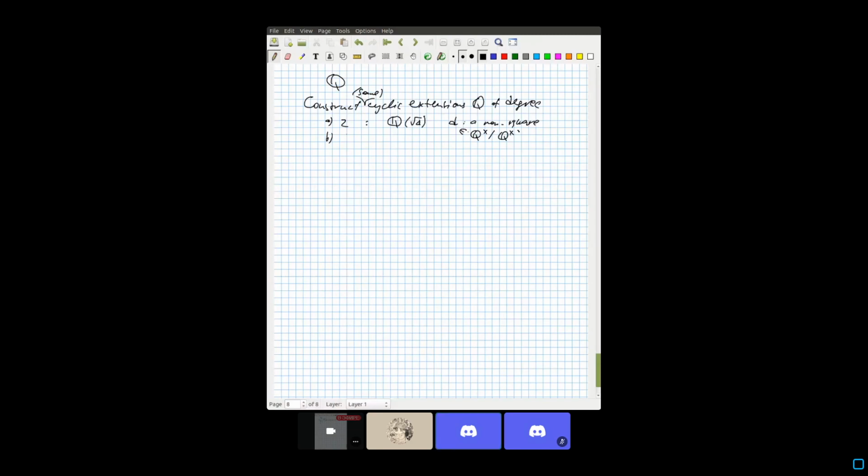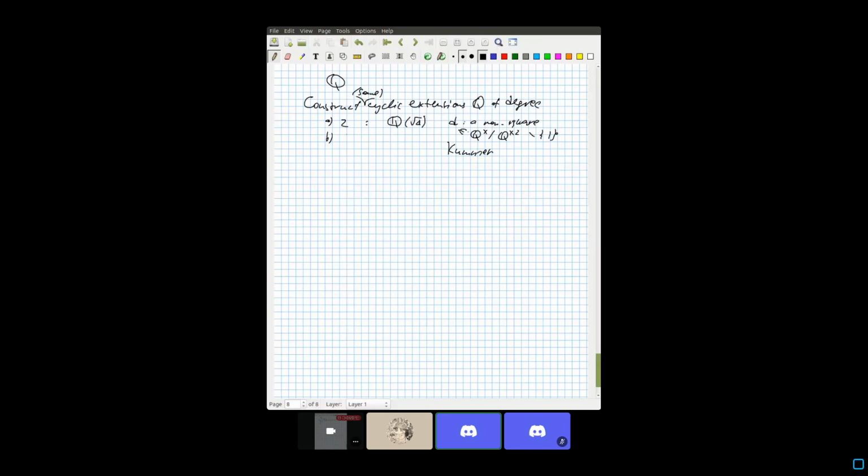So this is just any integer, maybe 0, maybe -1. If you take distinct elements of this quotient, then you get distinct extensions. And by Kummer theory, do you remember what is the Kummer theory?